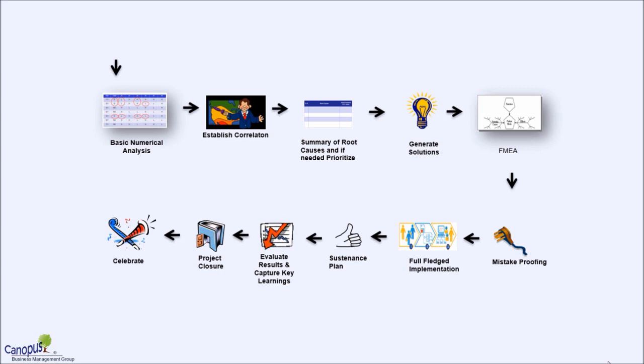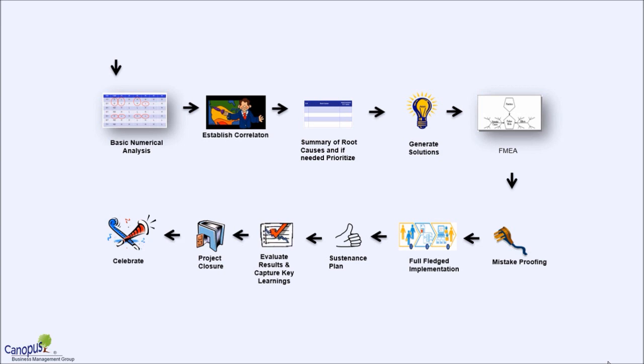You could do analysis of variance, in short form called ANOVA. You could do other tests such as a chi-square, or a 2-sample t-test. There are a lot of hypothesis statistical tests which are run in Six Sigma projects. All these are nothing but ways to validate if really there is an impact because of this particular cause or not.